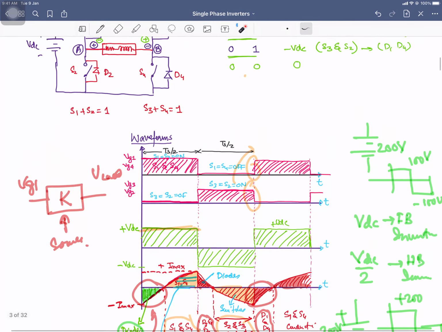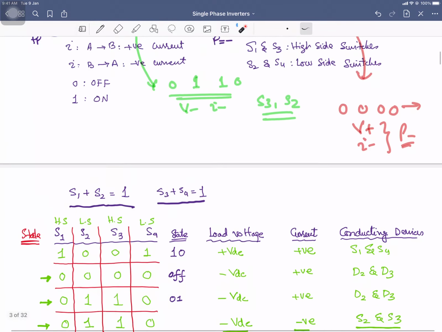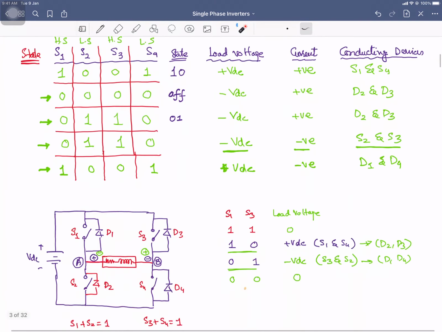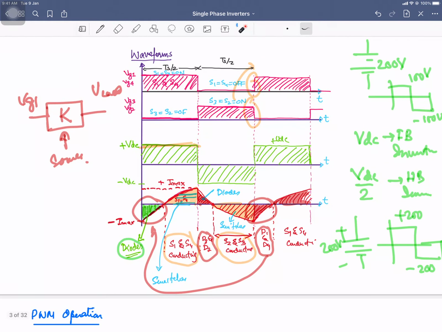And if I sketch the source voltage, the source voltage is constant, right? So if I sketch it over here on the same graph, this is the source voltage. It is a constant straight line. But what about your load voltage? Positive, and then it is going to become negative, then it is going to become positive.